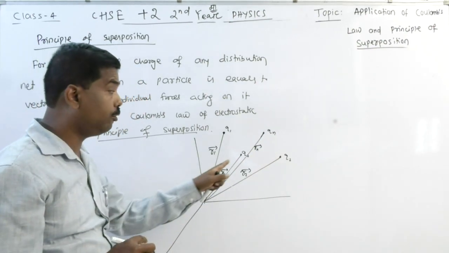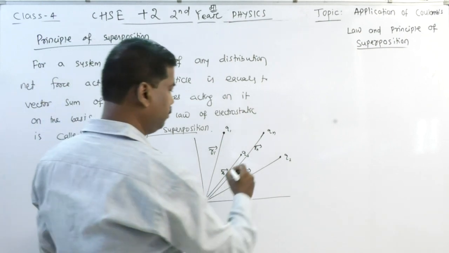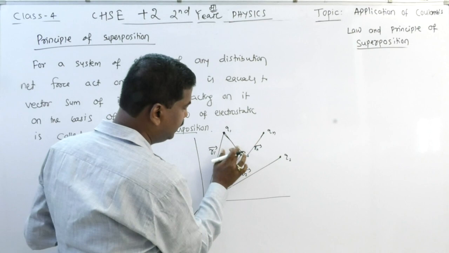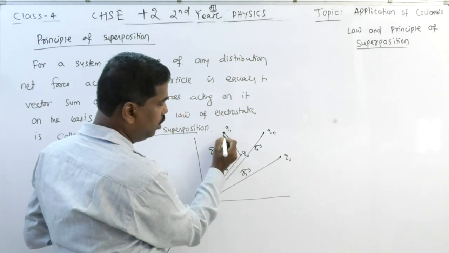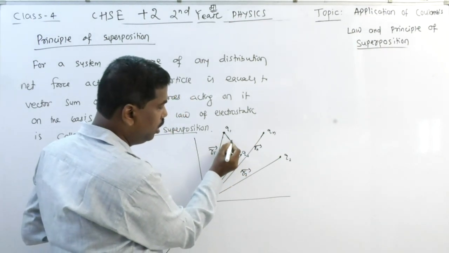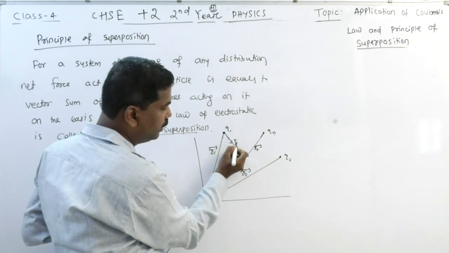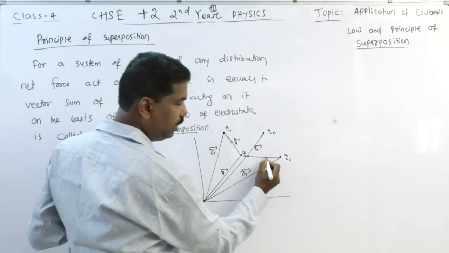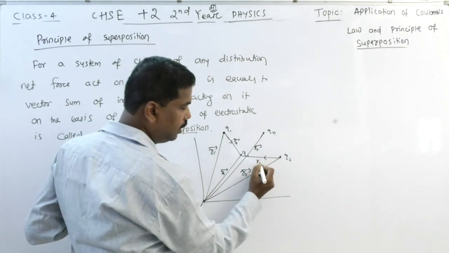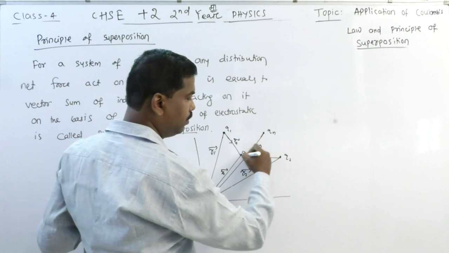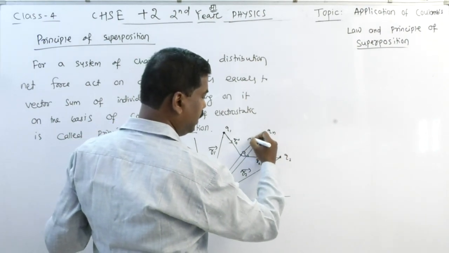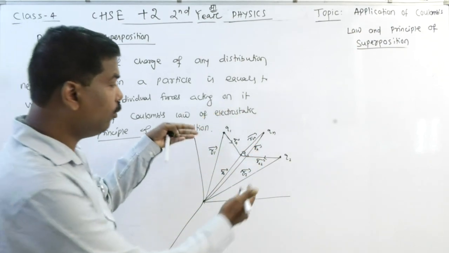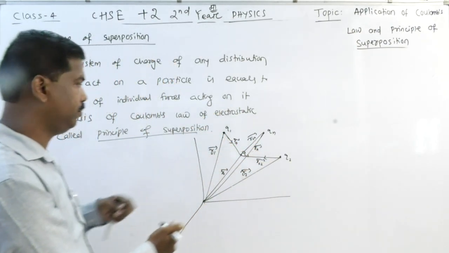Now I would like to find out the net force on the charge Q0. This is Q0. Then this is the R01 vector, this is the R02 vector, and this is the R0n vector. In such a manner, I can take another particle.